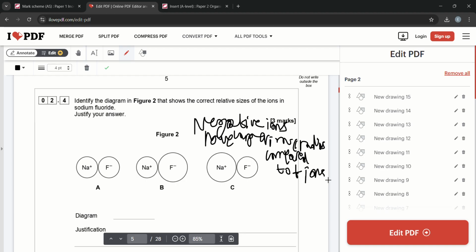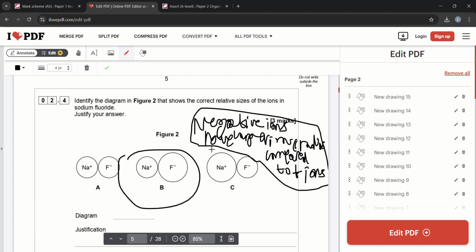Now if we just use that statement, the answer is B, because it said negative ions have a larger ionic radius compared to positive ions, which is true.